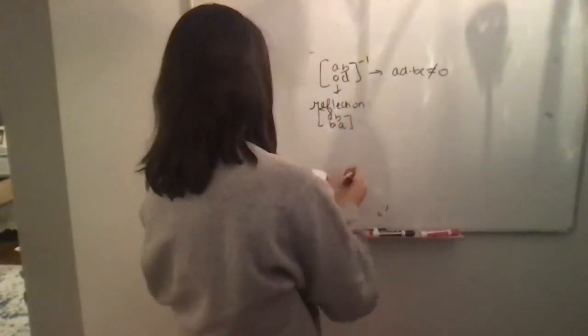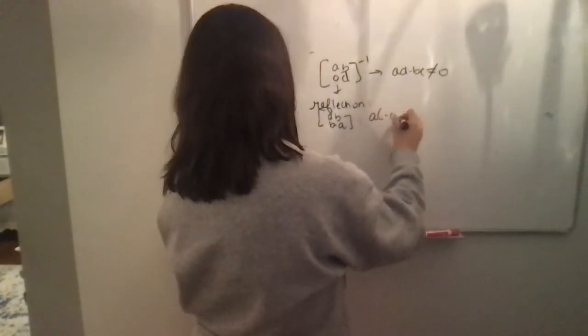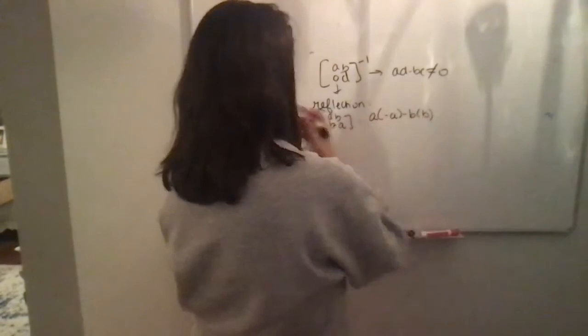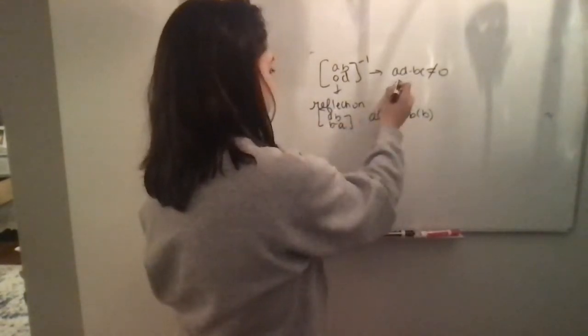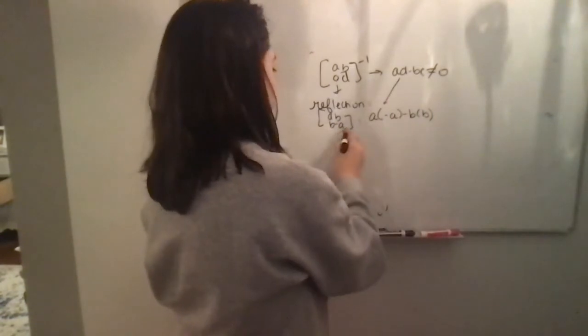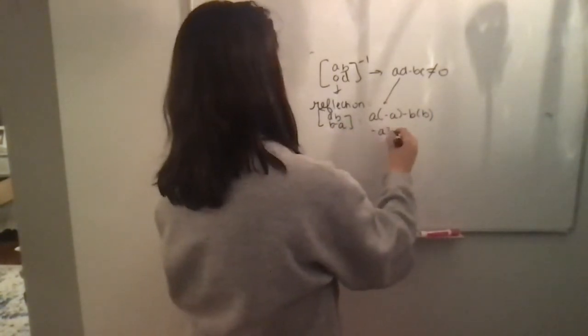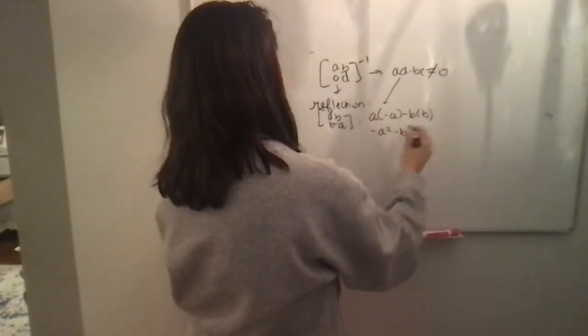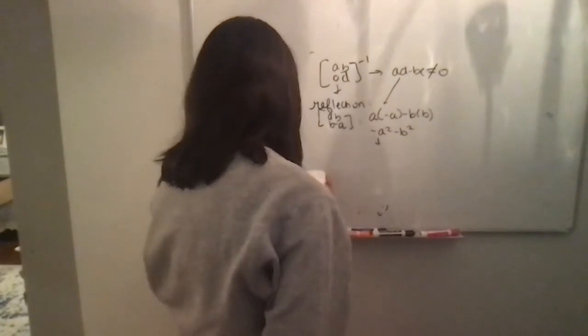That means that we can say A times negative A minus B times B, right? Because A and then negative A acts as our D, minus B times C being another B. We've got negative A squared minus B squared, right?